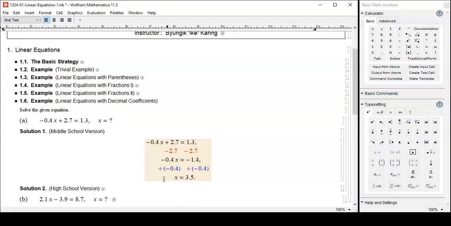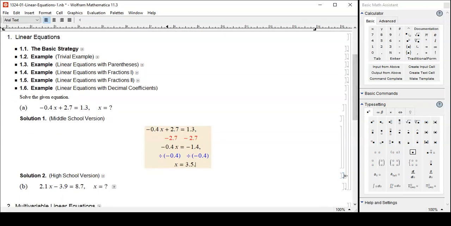Negative divided by negative is positive. Negative 1.4 divided by negative 0.4. Negative divided by negative is positive, and we end up with 3.5. There you go. You can do that with your calculator. Sorry about this typo and the sign mistake. It should be divided by negative 0.4.